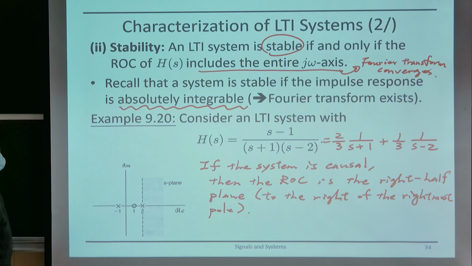If the overall region of convergence is to the right of the rightmost pole, then the region of convergence for this term should be greater than -1, and the region of convergence for this should be greater than 2, okay?